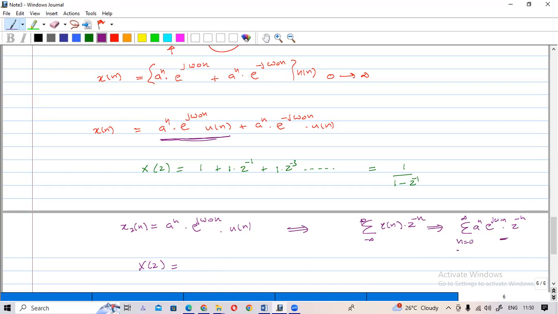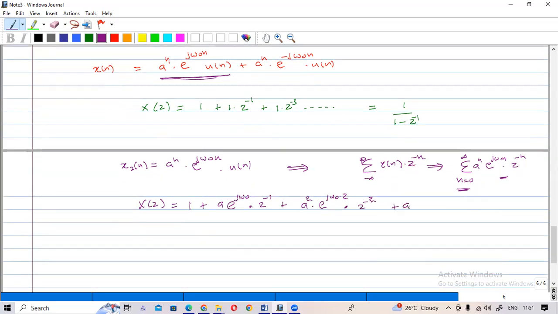If I expand this, when n is 0, this is 1. When n is 1, I will have a e^(j omega naught) z^-1. Plus, for n equal to 2, a^2 e^(j omega naught 2) z^-2, and for n equal to 3, a^3 e^(j omega naught 3) z^-3, and so on up to infinity.